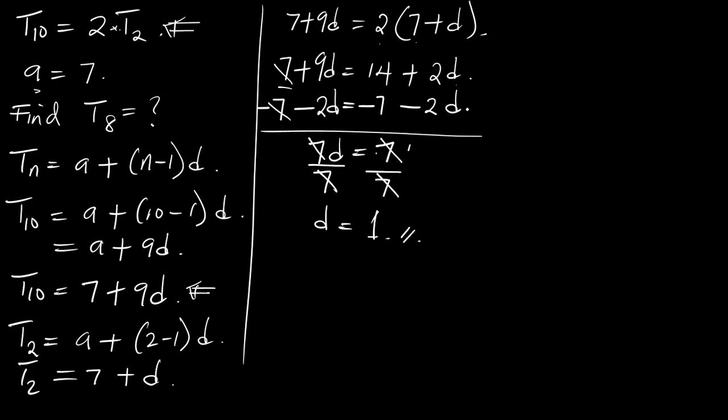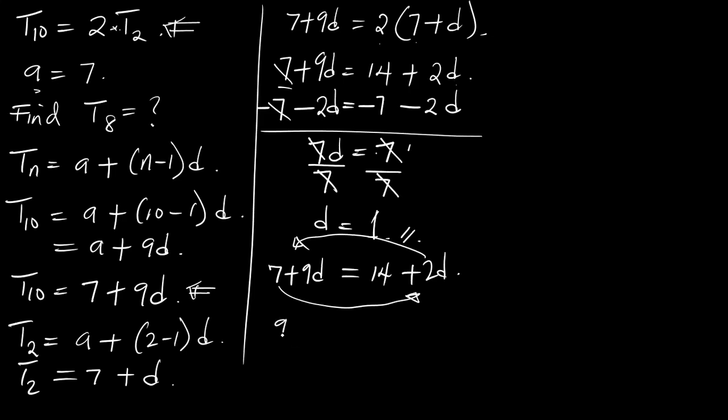Another way to do this, where you have 7 plus 9d equal to 14 plus 2d, we'll move 7 to this other side, we'll move 2d to this other side. If you move plus 7 to this other side of the equation, it becomes minus. If you move plus 2d to this other side, it becomes minus 2d.